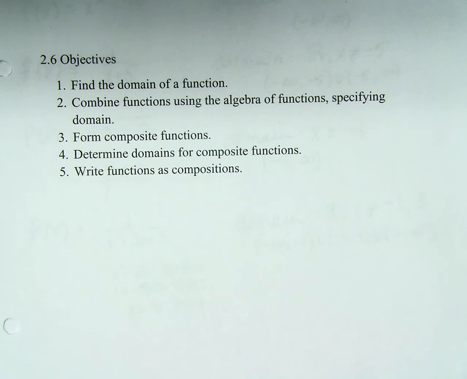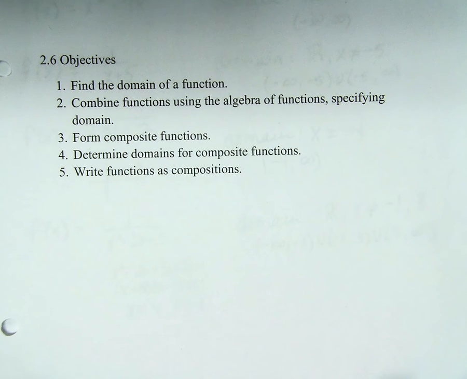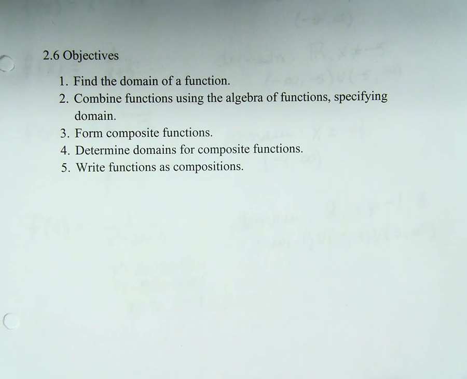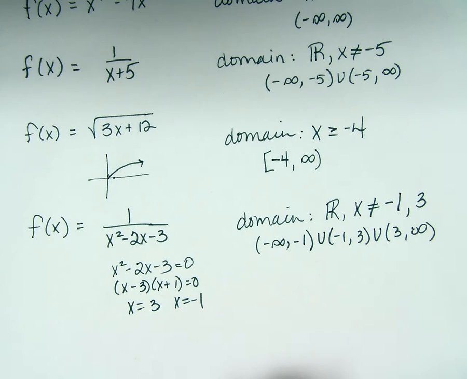Combining functions. Well, combining functions is definitely something we did in Algebra 2. And right now, as I say it, you may not remember it, but when I start showing you, I think you will. You ready? Okay.